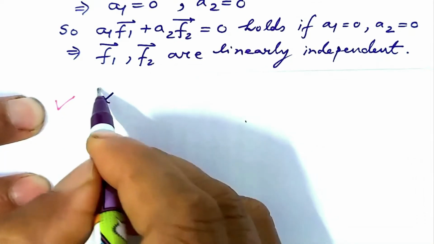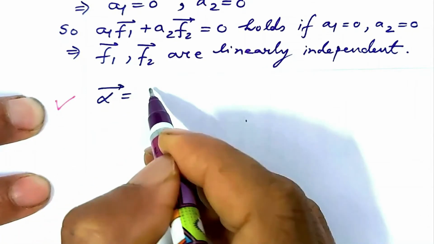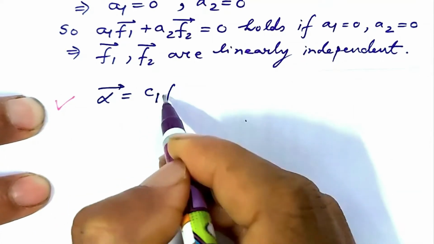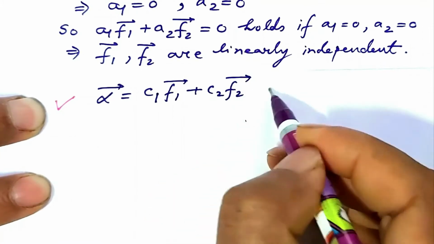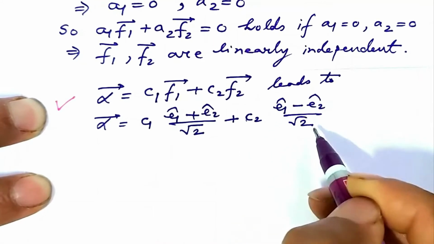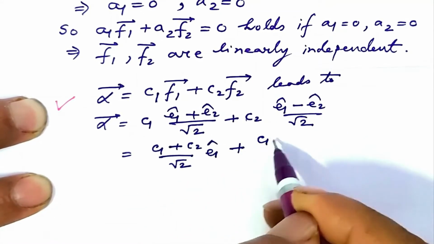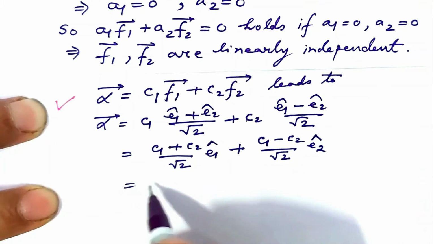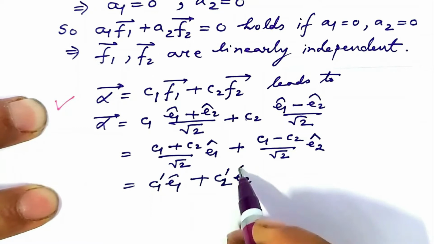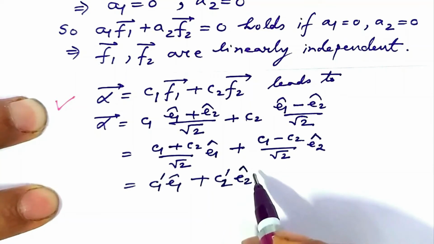We express the arbitrary vector alpha in terms of vector f1 and vector f2 as vector alpha equal to c1 vector f1 plus c2 vector f2. Putting expressions for the vectors f1 and f2, we have vector alpha equal to c1 prime e1 cap plus c2 prime e2 cap, which is expansion of vector alpha in terms of e1 cap and e2 cap, that is justified since e1 cap and e2 cap are basis vectors.